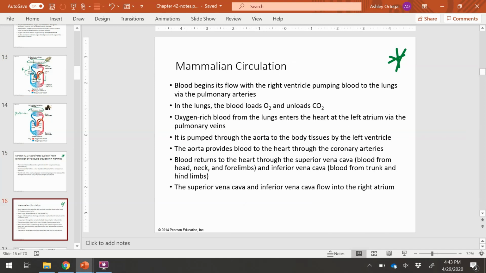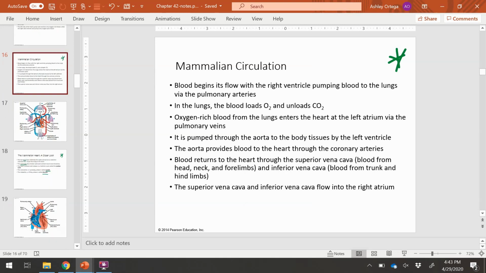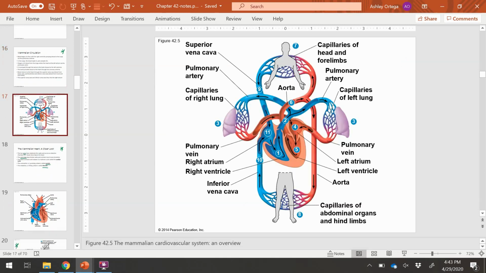Right, and so here this page describes in word form what we're going to see in the next image. If you have questions, look at this page. I'm not going to read that to you. I'm going to describe it as we look here.